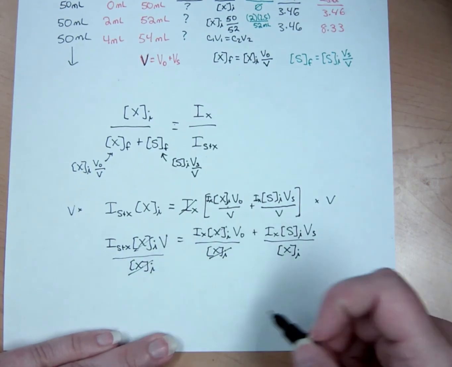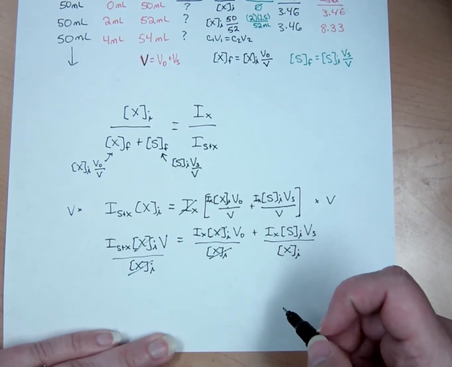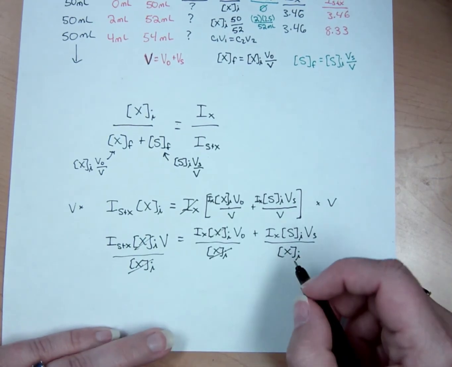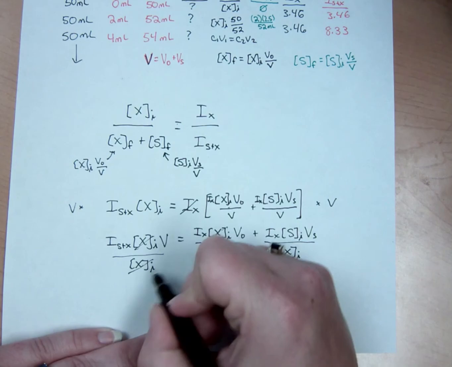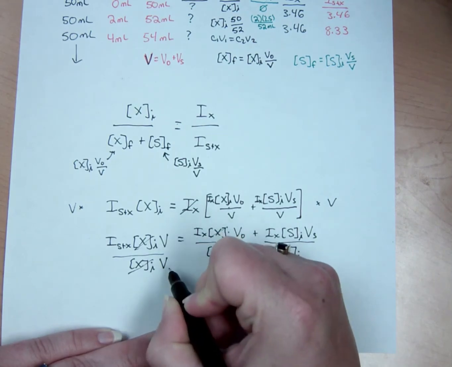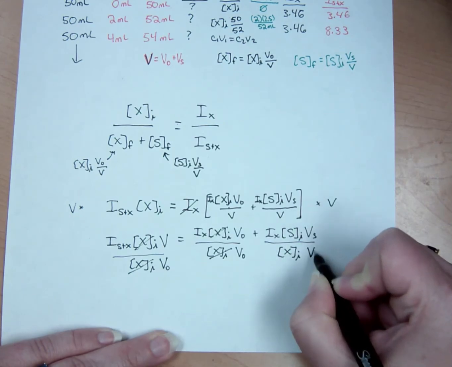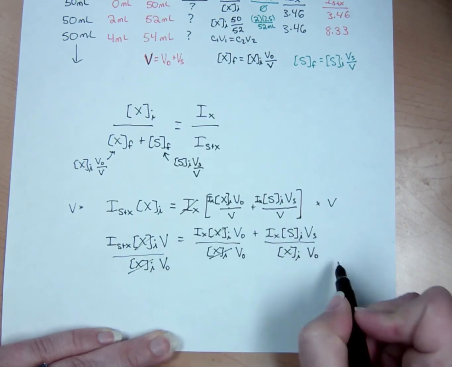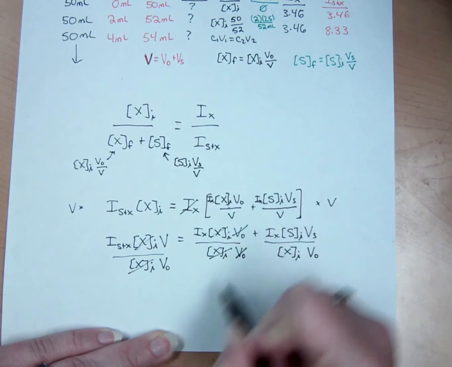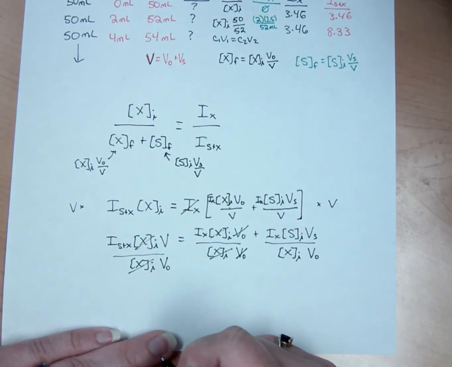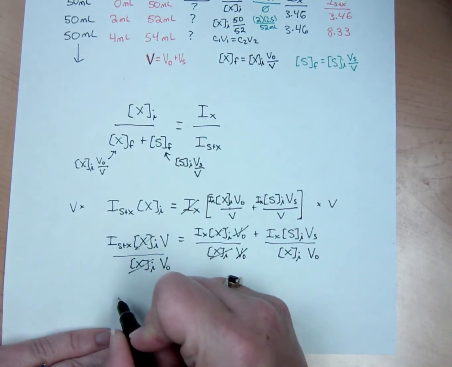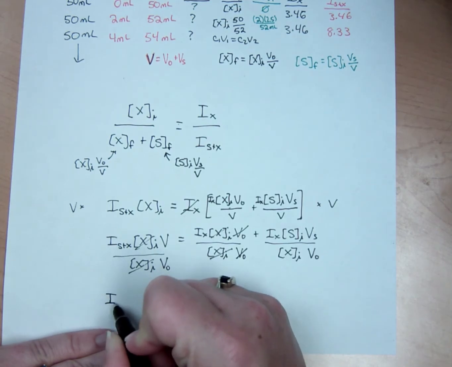The next thing I'm going to do is divide everything by V naught, and I'll show you how this works out in a second. So trust me on this. We're getting to a good point here. It looks a little nuts, but I'm going to divide through everything by V naught and get those two off as well.